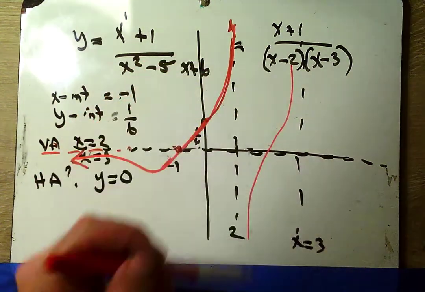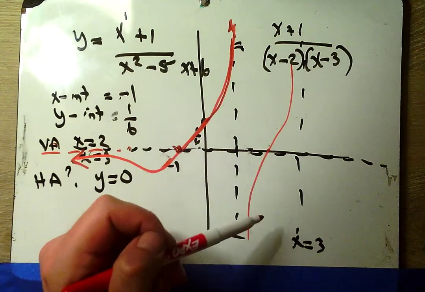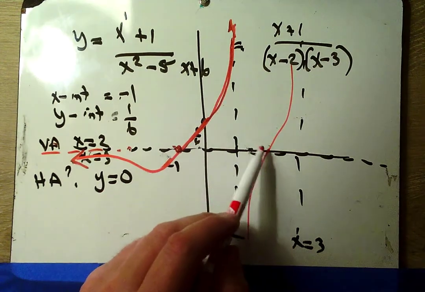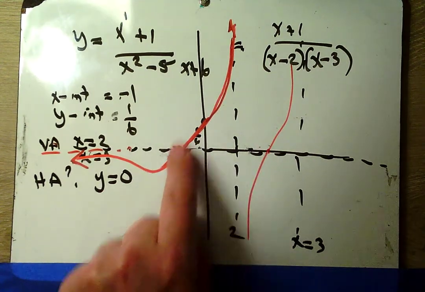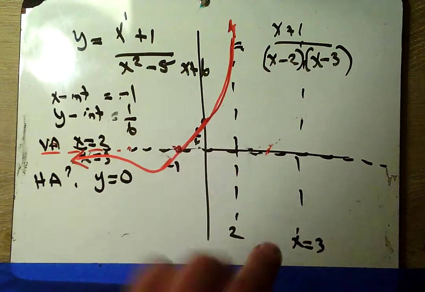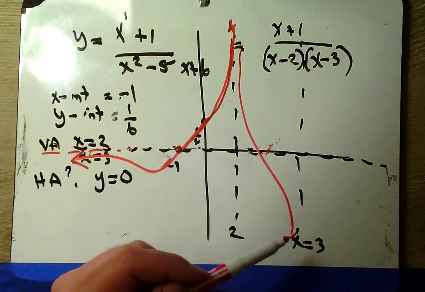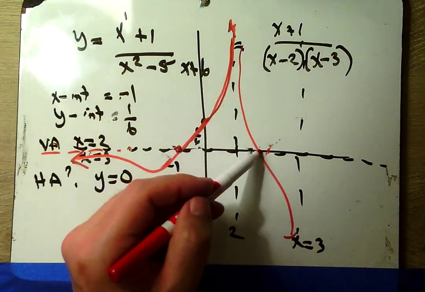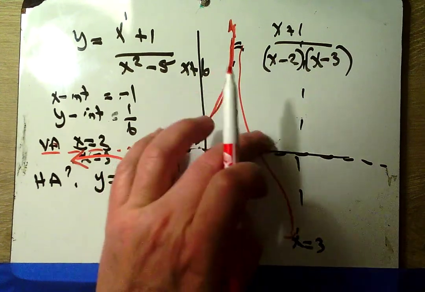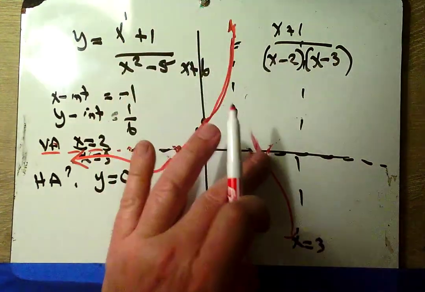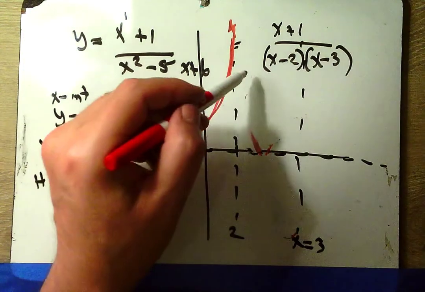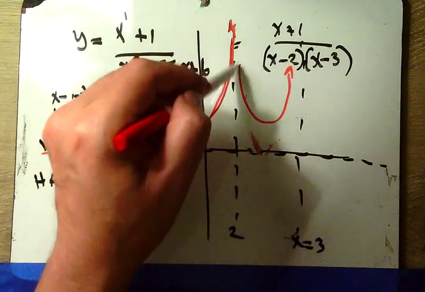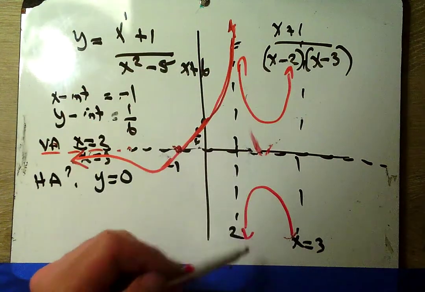Can I have this one? No, because that would need an x-intercept, and I don't have an x-intercept here. This was my only x-intercept. Could it be this shape? No, it can't because I don't have an x-intercept there. So I can't have that at all. So my only choices are, is it this shape or is it this shape?